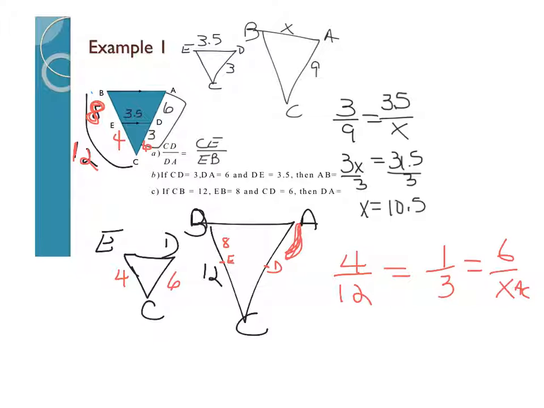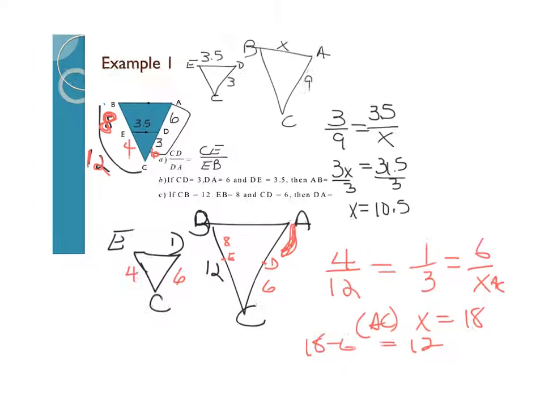So we can do this, and we'll get this X, or AC, is 18. Okay? In our picture, what did we know? We knew that CD was 6, so to find AD, we could do 18 minus 6. And then the length of AD is 12. Okay? So that's one way we could do it.